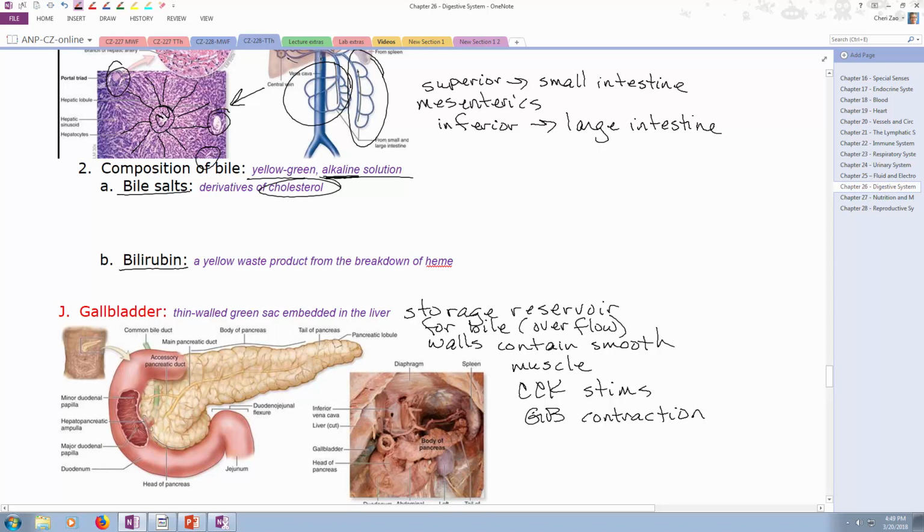So it's interesting, bile salts are the actual emulsifiers of bile, and so they'll help us to take this big fat wad and create millions of little teeny tiny fat globules, and that is done to increase surface area for proper enzymatic digestion.